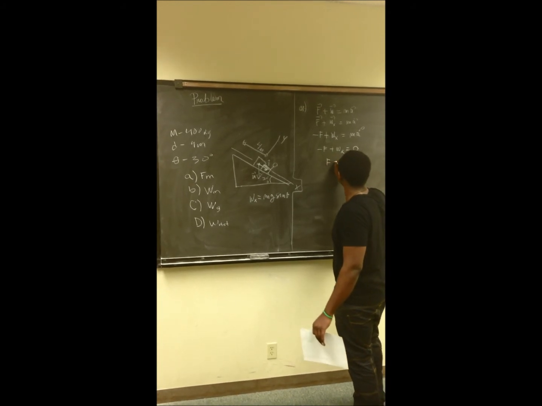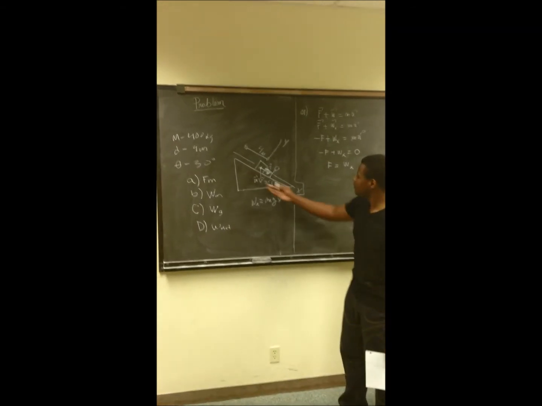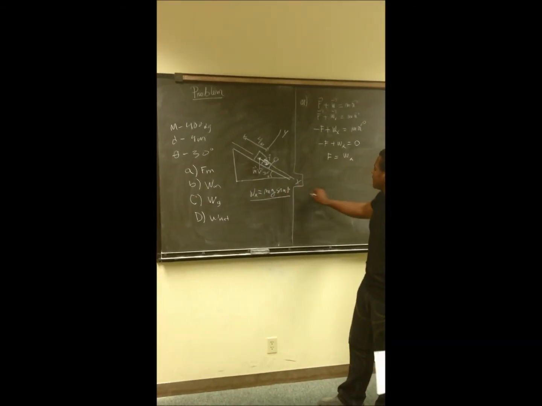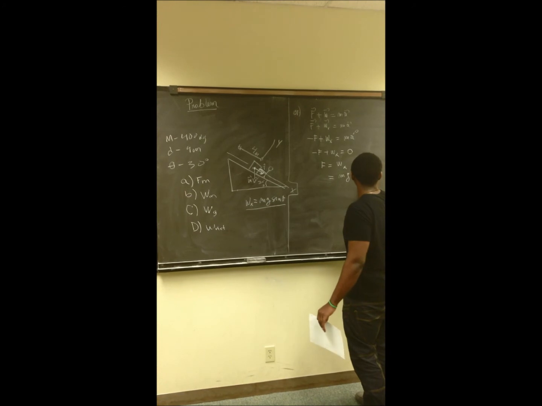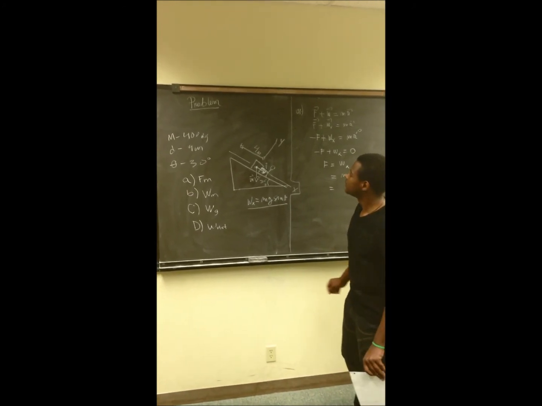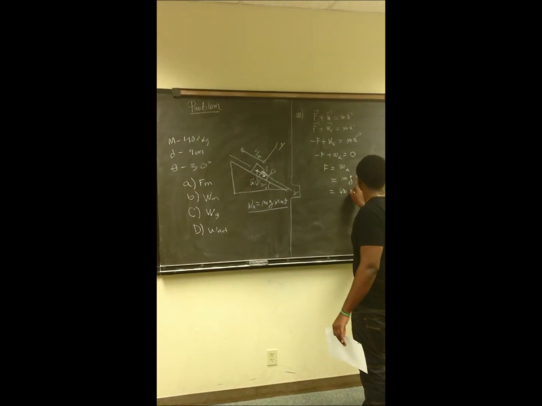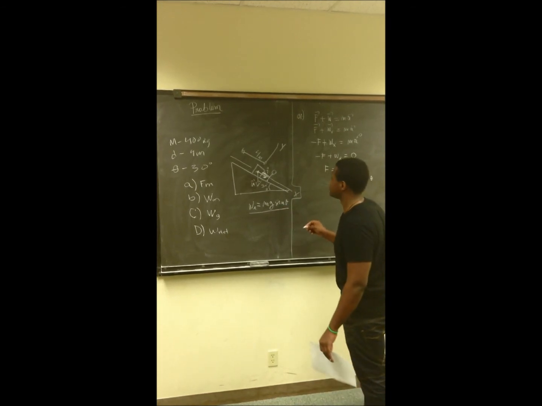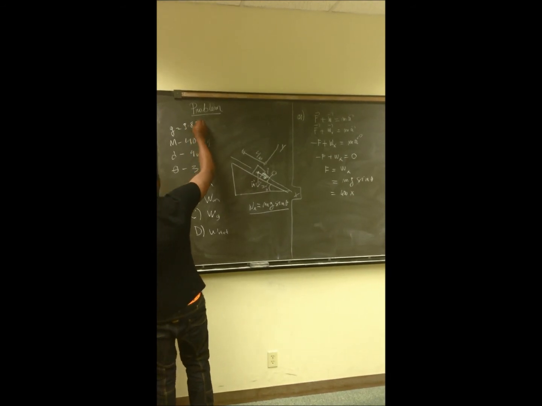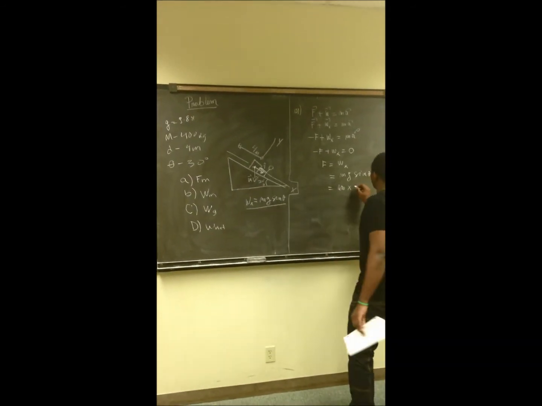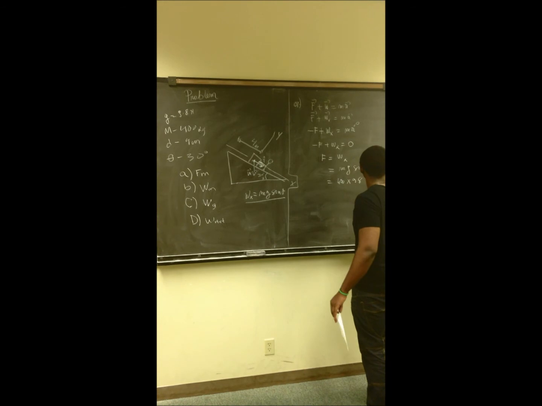Now, the force is the x component of the weight, which is simply mg sine theta. From our given, we know that the mass is 400 kilograms. We know that the gravitation is g, which is equal to 9.8 newtons per kilogram. And our theta is 30 degrees.